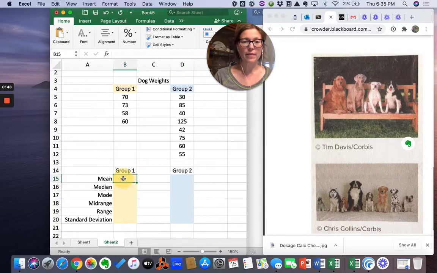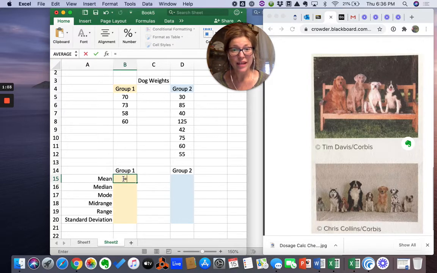Let's find the mean. So this is using an Excel function. I click on where I want it to be and I press equals. Now in Excel, if I want the mean, that is called the average.